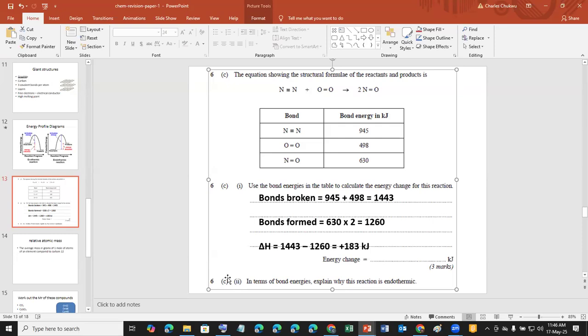The heat of the reactants was low, so for it to absorb heat from the surroundings, the experiment will end with the product. So it's the products that will now have that heat absorbed from the surroundings, making the heat of products higher than that of the reactants.